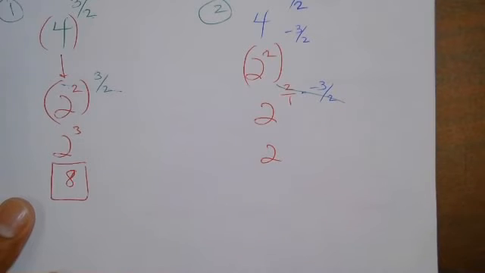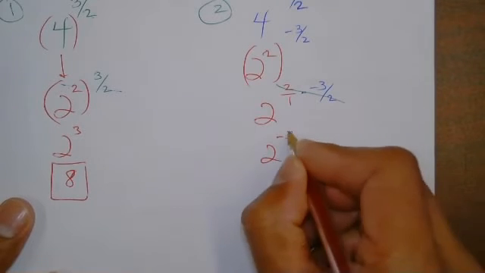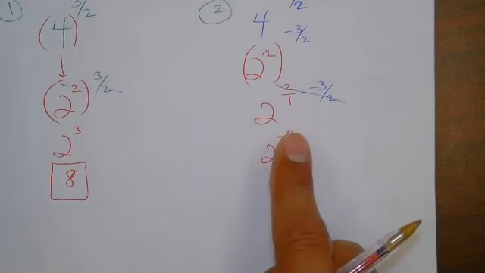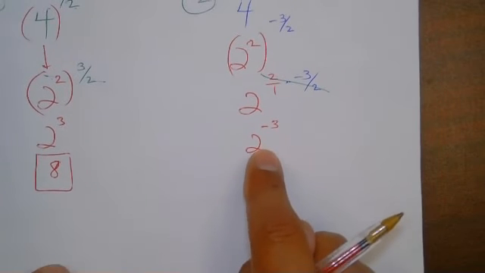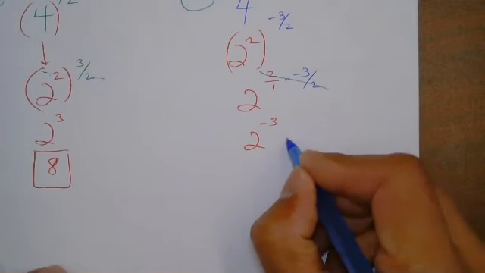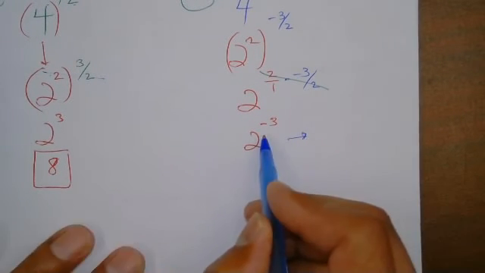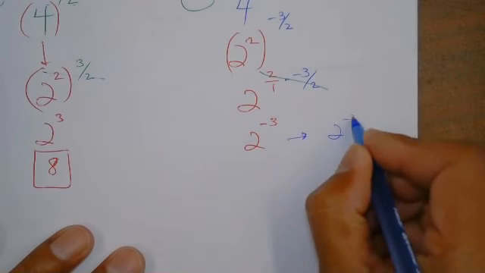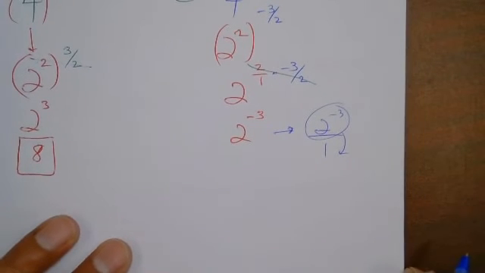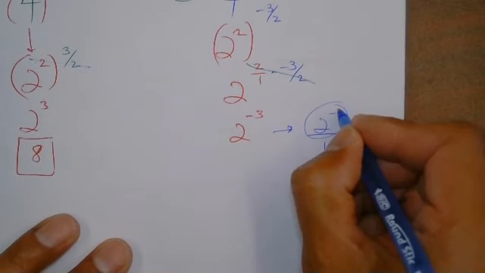Now here we're going to get 2 to the power of what? Negative 3. You're telling me that we have not worked with negative exponents? Who can tell me how we do this? Remember? We can't evaluate a negative exponent. If it's in the top, we got to move it to the bottom. To make it positive, remember that?